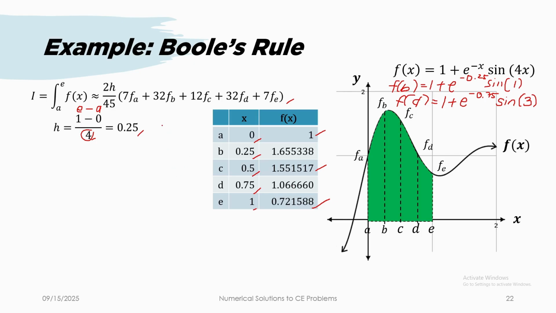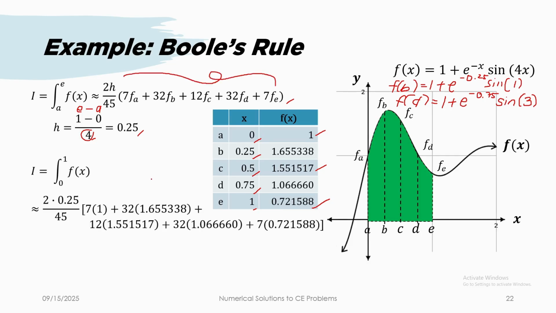Now, we have all the requirements for the formula. We just have to substitute. That would lead us to 2 times 0.25 over 45 times the summation of f of a, f of b, f of c, f of d, and f of e multiplied to their respective weights.